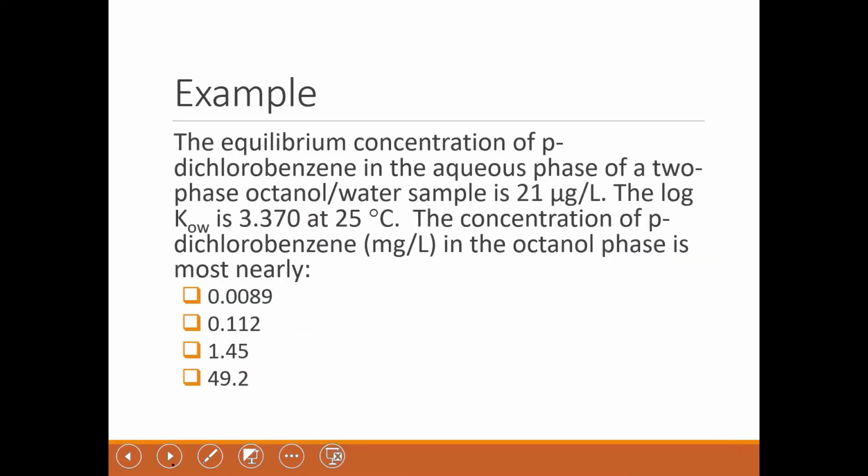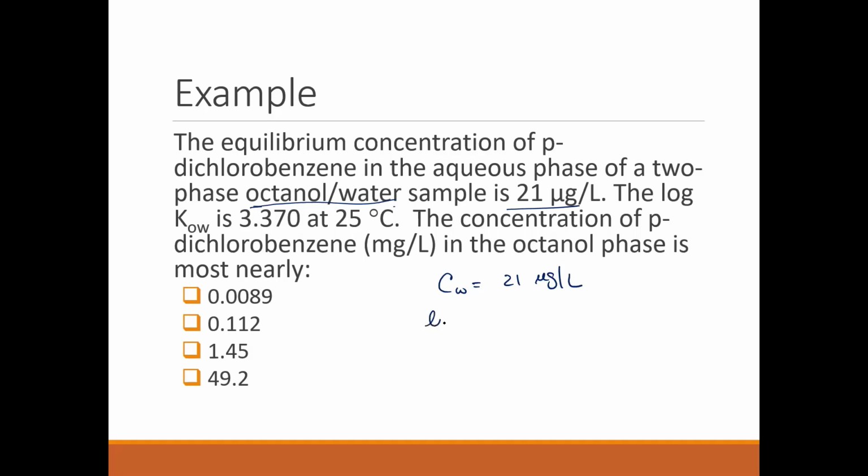So the last problem we'll do here is we have an equilibrium concentration of paradichlorobenzene in the aqueous phase of a two-phase system where we have octanol and water. Octanol doesn't dissolve readily in water, so that's why it's two-phase. The concentration in the water is 21 micrograms per liter.